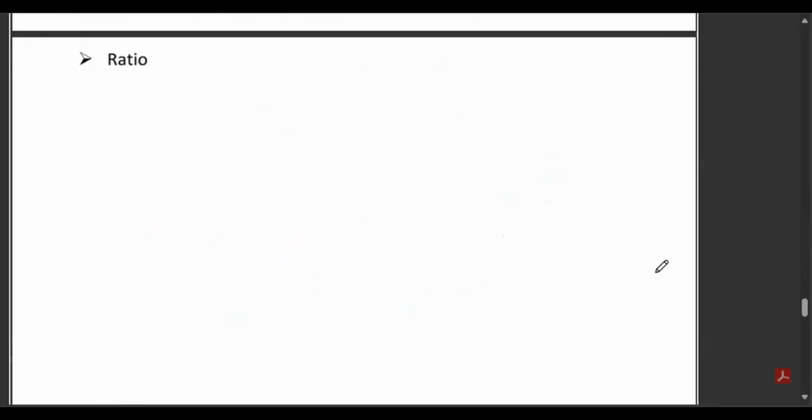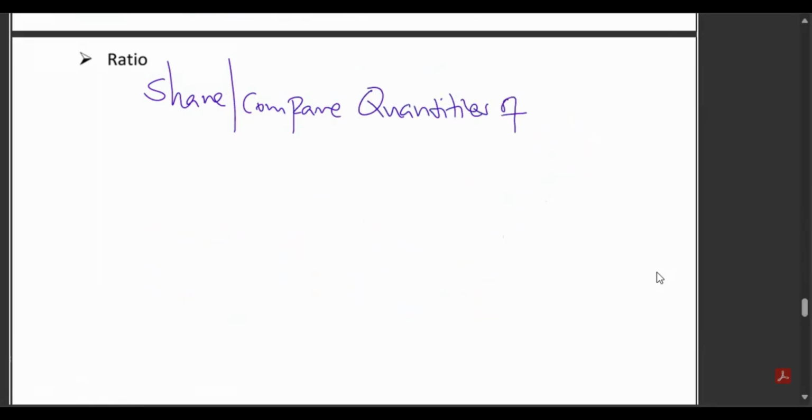Ratios. Here just know that we are dividing or sharing, or you can say you compare quantities of the same units. You understand? Same units, for example, stones and cement.